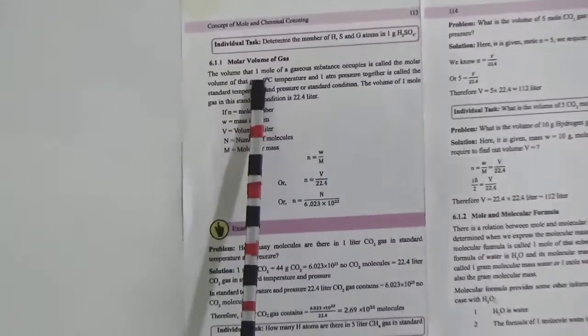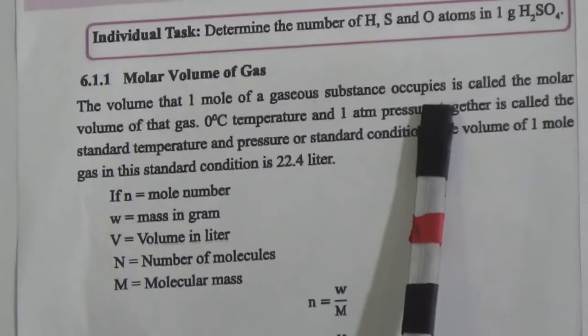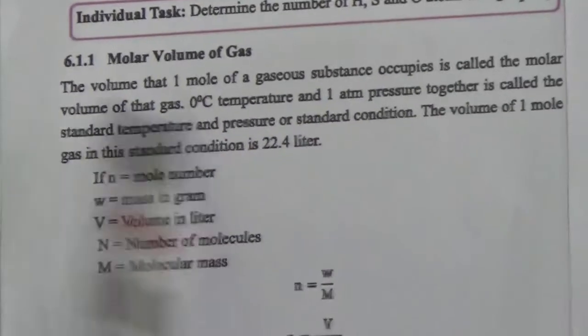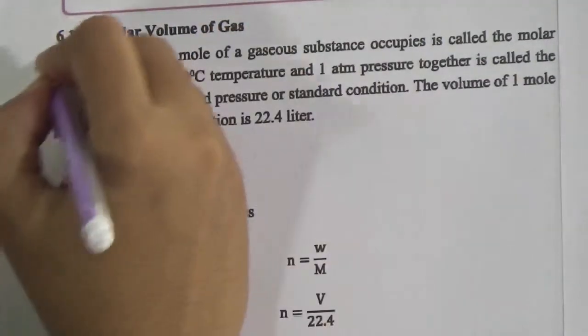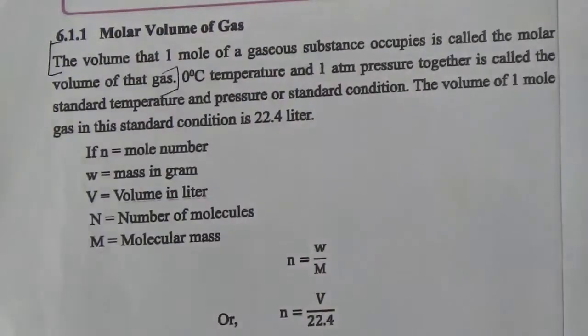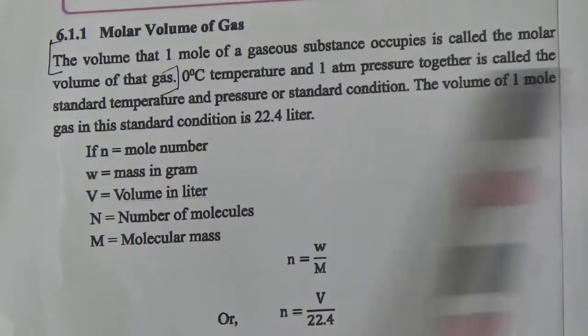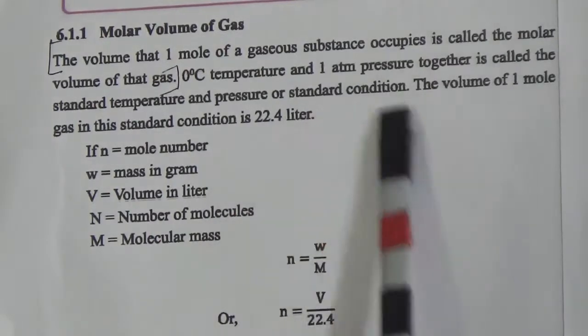The volume that 1 mole of a gaseous substance occupies is called the molar volume of that gas. That is the definition of molar volume. Now we will know that 0 degree temperature and 1 atmospheric pressure together is called standard temperature and pressure, or standard condition.